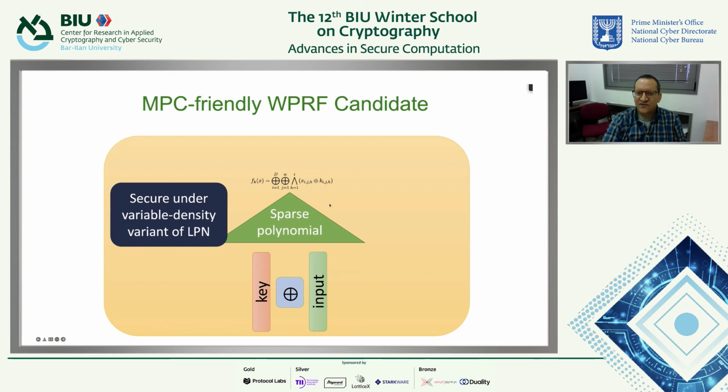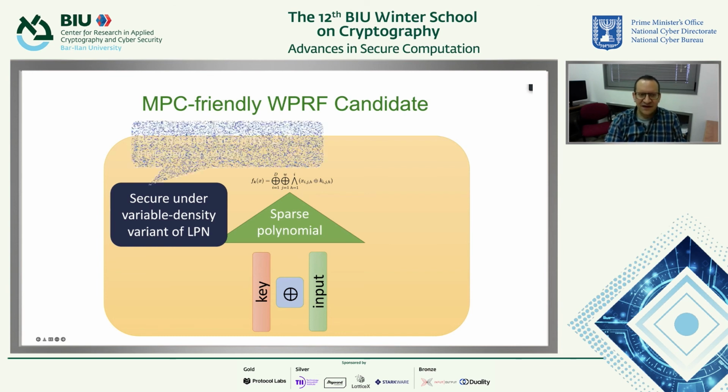So we can think of each monomial applied to this input XOR the key as just a secret point function. So we can use a DPF for each monomial of this sparse polynomial evaluated on the input XORed with the key. This is what makes this construction FSS friendly.